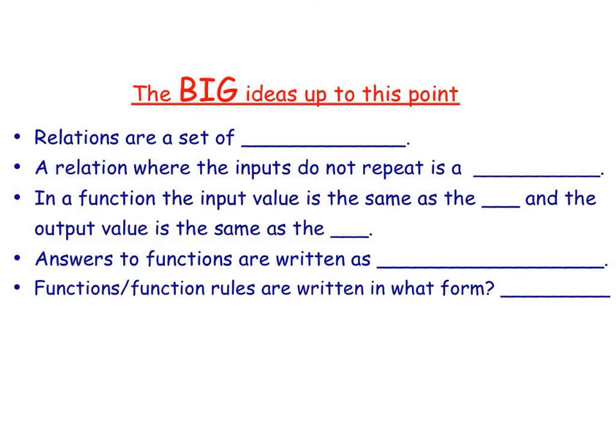Before we do that, let's review just the big ideas that we've learned so far. First, we learned that relations are a set of ordered pairs. And we learned that a function is a relation, a set of ordered pairs, where the inputs do not repeat.